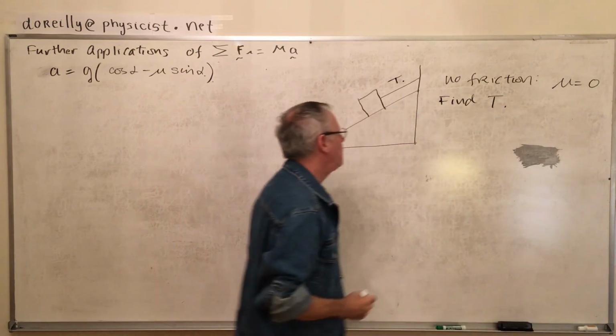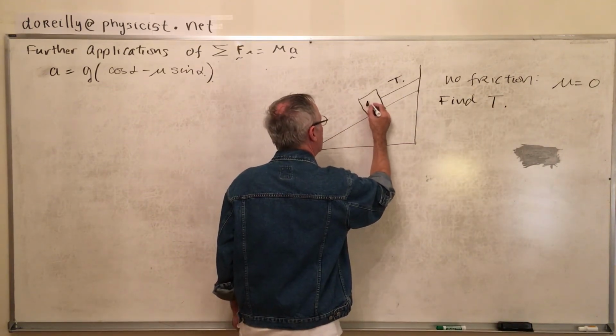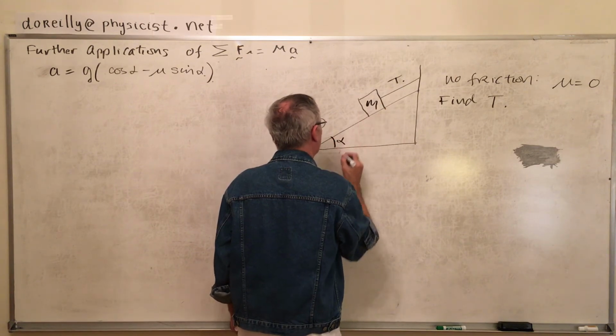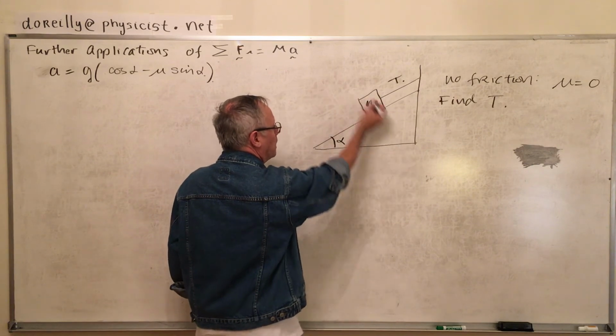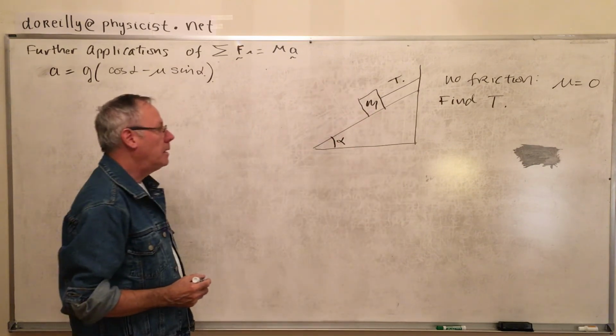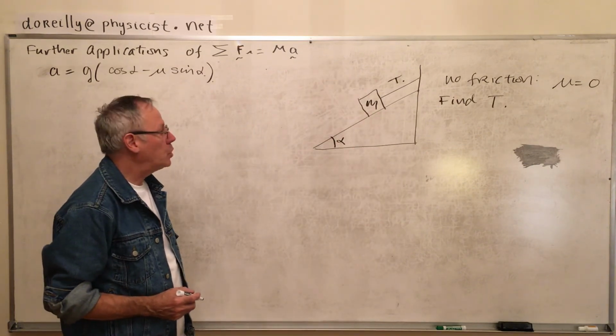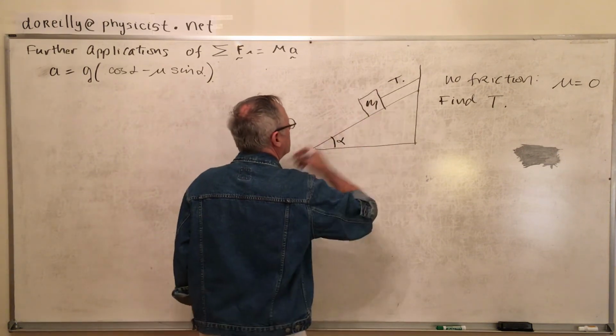This time we're just asked to find the tension if this is m and this is alpha. Okay? All right. So in this direction, there is no motion. We don't have to consider that motion at all. We just have to consider this motion.